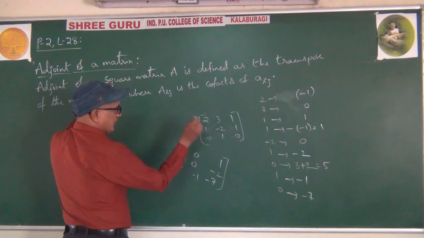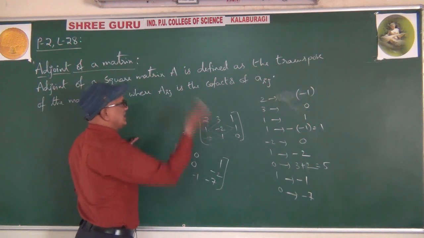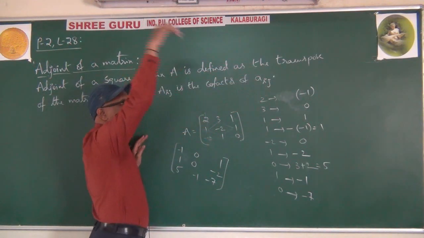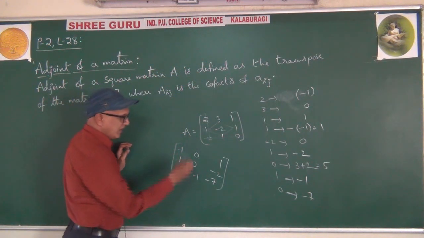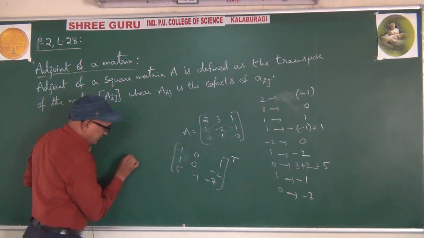Adjoint of a square matrix. For this square matrix, adjoint is defined as the transpose of the matrix Aij. Transpose of this matrix is the adjoint.